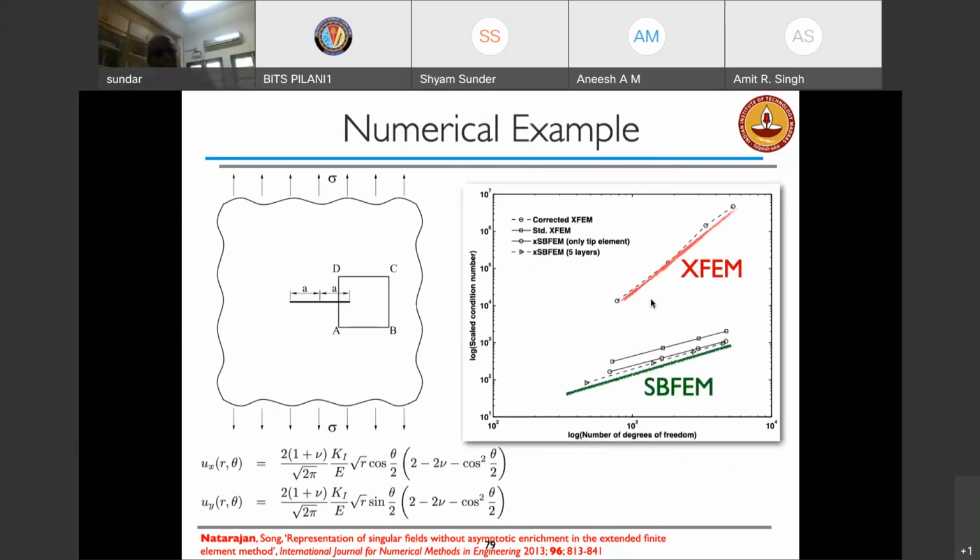And remember, one of the problems that we had with extreme was the conditioning number. The condition number is really bad when you increase the number of degrees of freedom with extreme, which is what I've shown here for a problem with an edge crack. So what I plotted here is the scale condition number as a function of degrees of freedom.